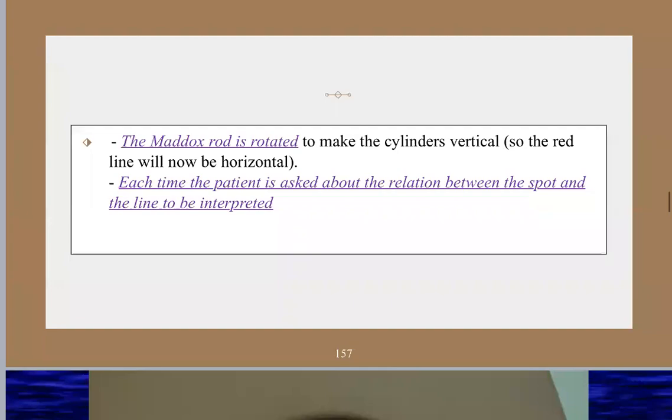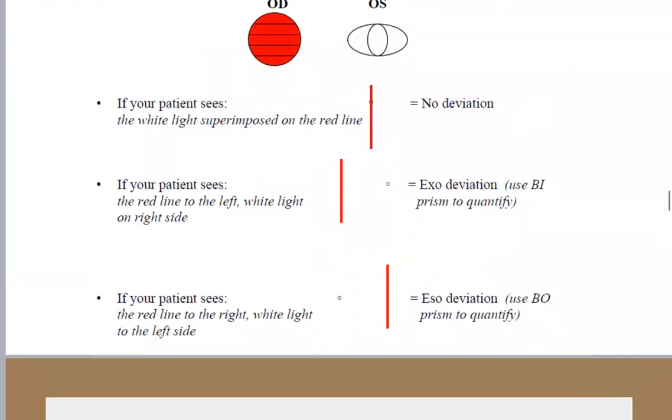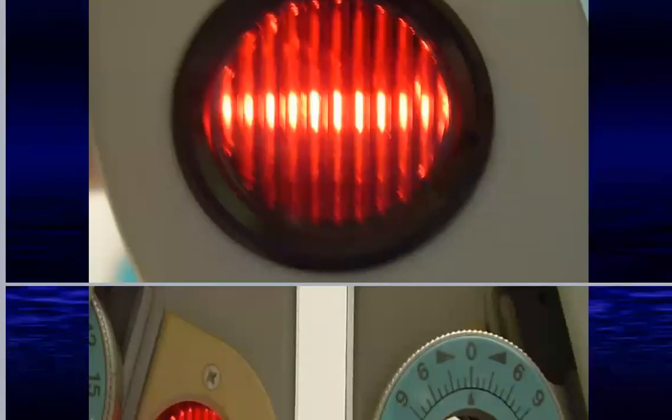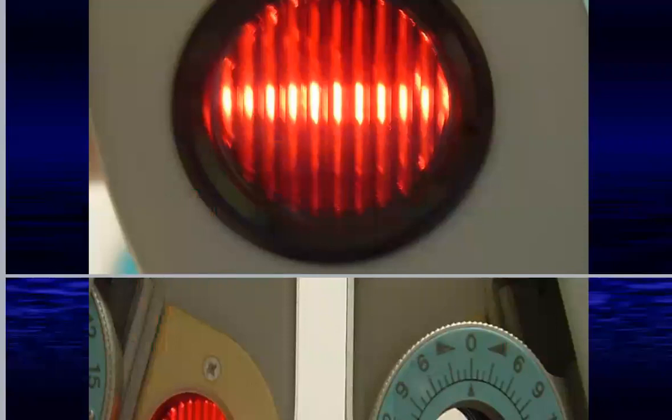This test is done principally for estimating the phoria in distance, at a distance of 6 meters, something like that. After that, you make the orientation of these cylinders vertical, to result in a horizontal line.